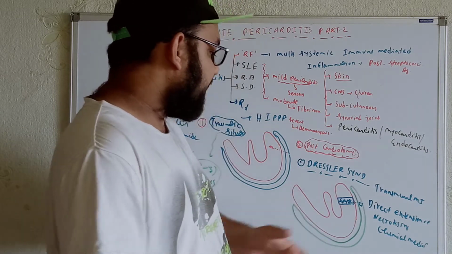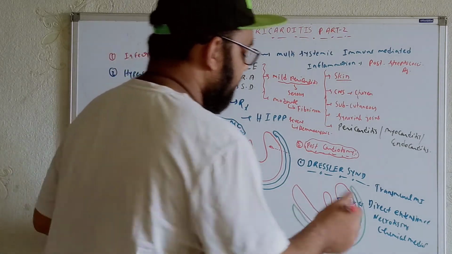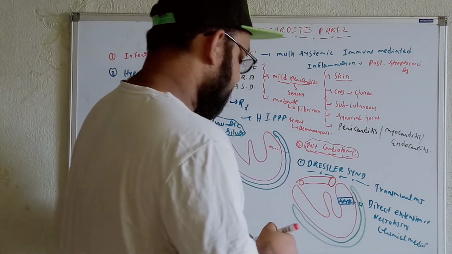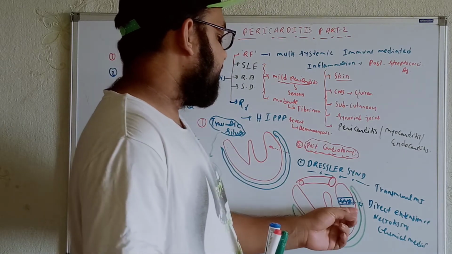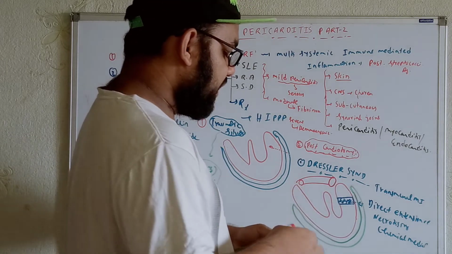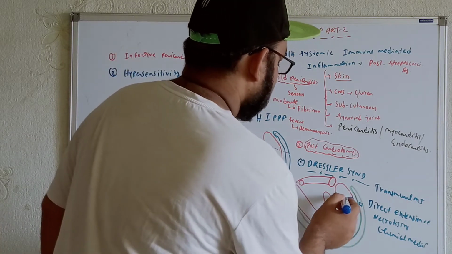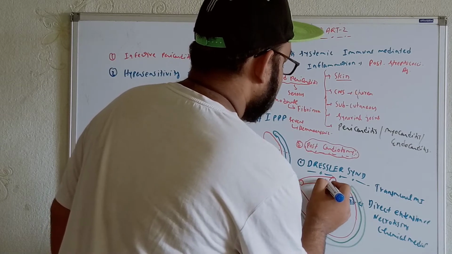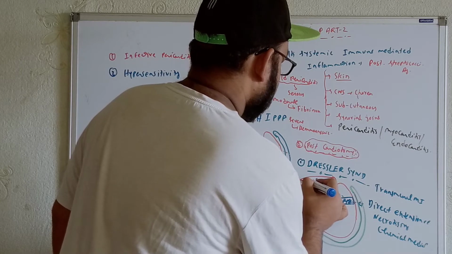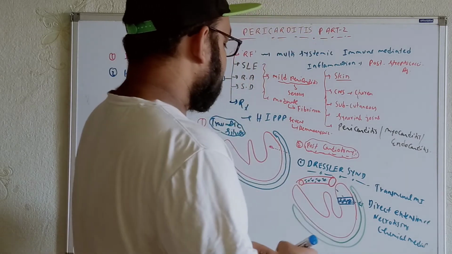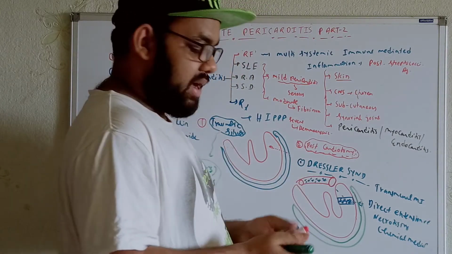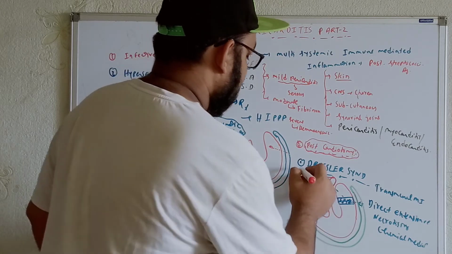Now, as we know, within the circulation we will see the myocardial antigens, because from the portion of myocardium where we are getting the myocardial infarction, we get the myocardial antigens within the circulation. Whenever we get these antigens, our immune system will be activated against them and will produce antibodies.